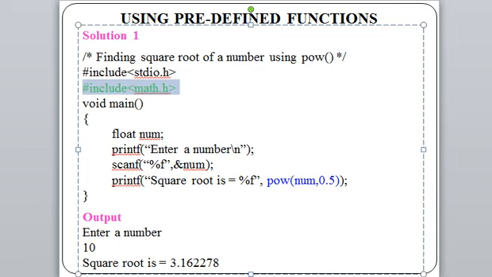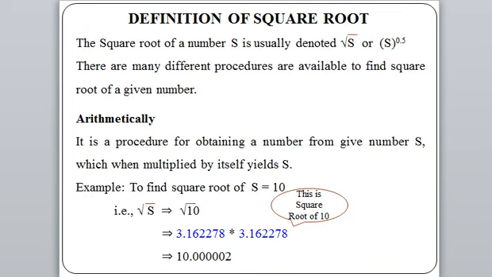This line is included only to have the built-in function pow. This pow function is available in math.h. As I mentioned, it will compute the square root of the given number, where num is the base and 0.5 is the exponent. So if I say num is 10, then 10 to the power 0.5 is nothing but the square root of the given number.